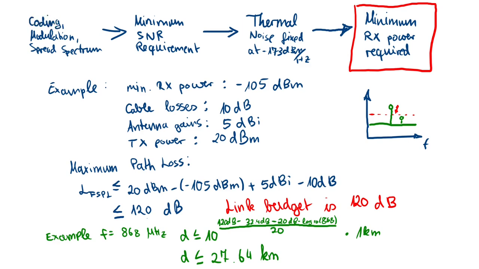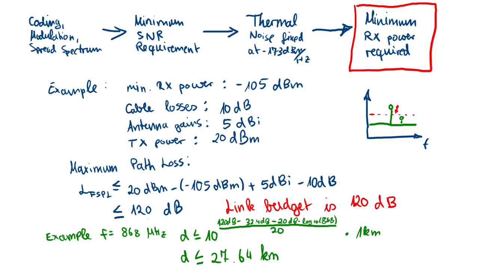You always have to fulfill a minimum signal to noise ratio requirement to keep the bit error rate below a certain boundary, which is important for coding, so that the coding can detect and correct the errors.